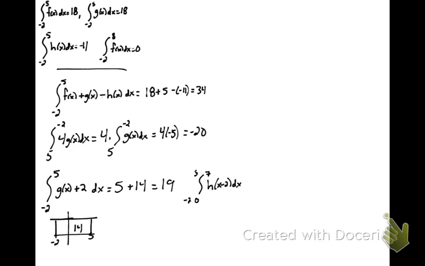Notice that 5 is 2 less than 7, or 7 is 2 more than 5, and 0 is 2 more than -2. And this notation you should recognize from pre-calculus or algebra 2, and this is telling you about a shift to the right. What happens when you input x minus 2 is you're shifting h of x 2 to the right. So instead of going from -2 to 5, h of x has been moved over, and now we'll be running from 0 to 7, and that's why it'll be equal to -11.